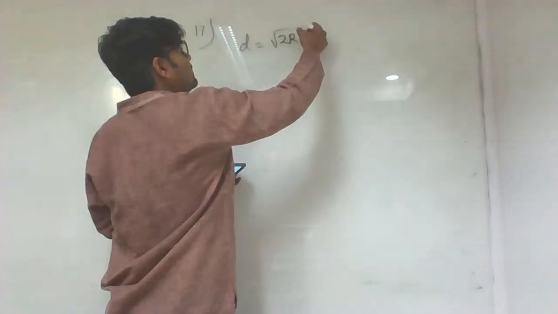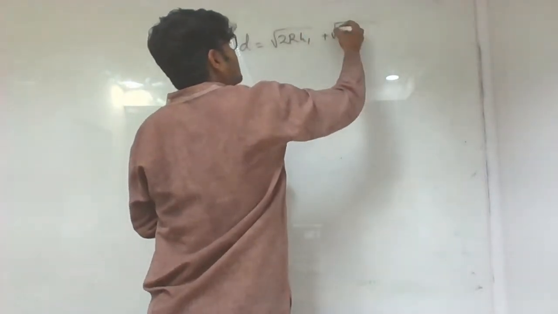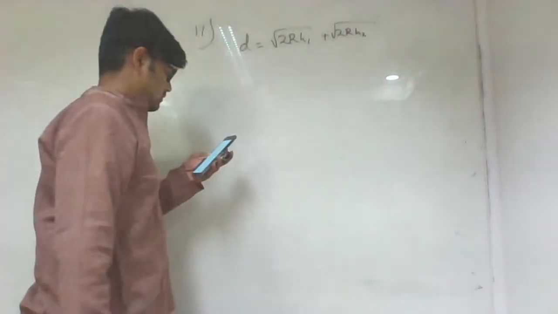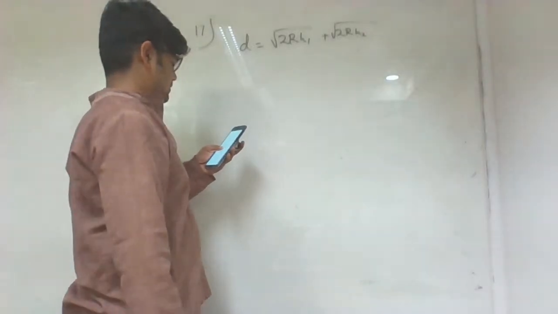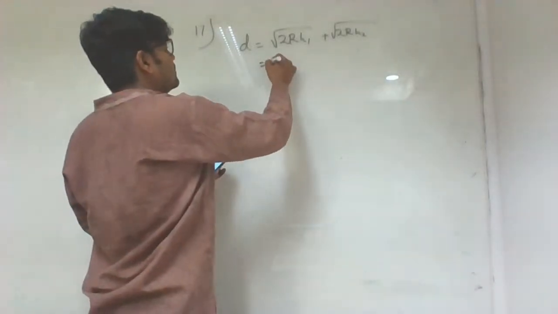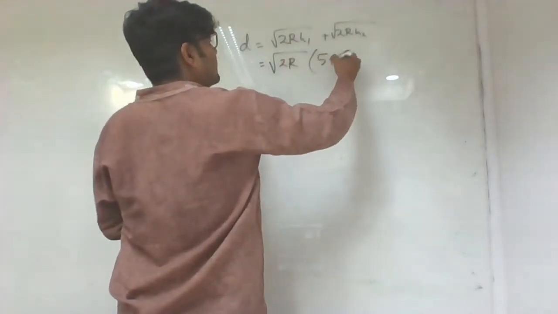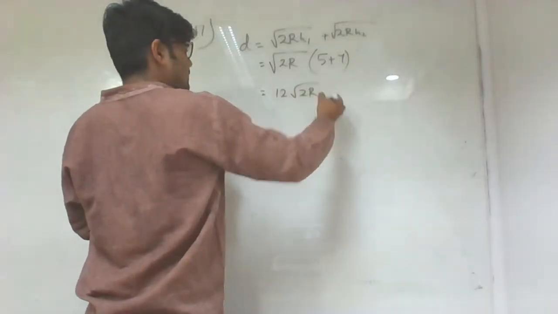R is the radius of the Earth, plus 2R. So this is nothing but root 2R into 5 plus 7, 12 root 2R.